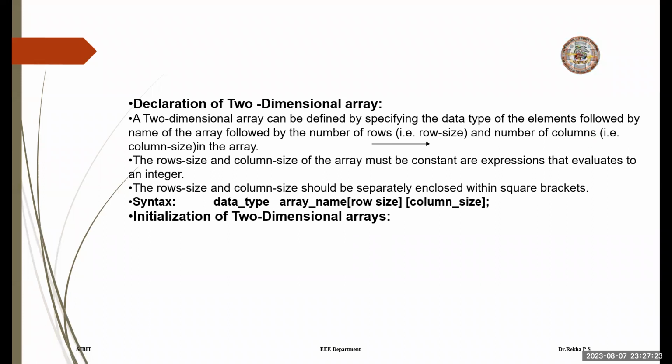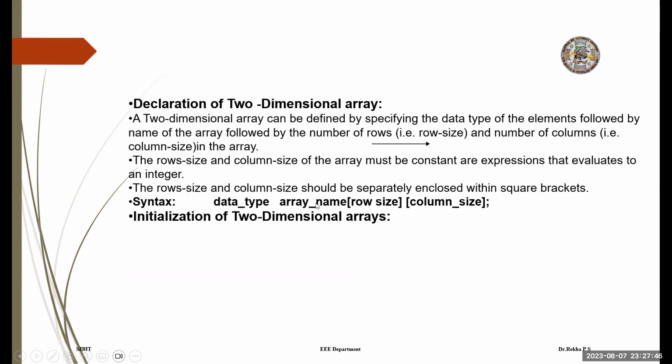The row size and column size of the array must be constant or expressions that evaluate to an integer. The row size and column size should be separately enclosed within square brackets. That's why the syntax is data type, name of the array, row size, column size.